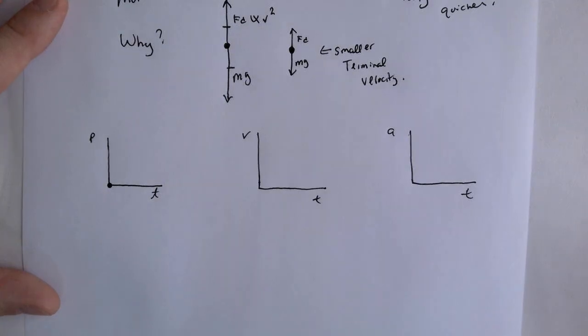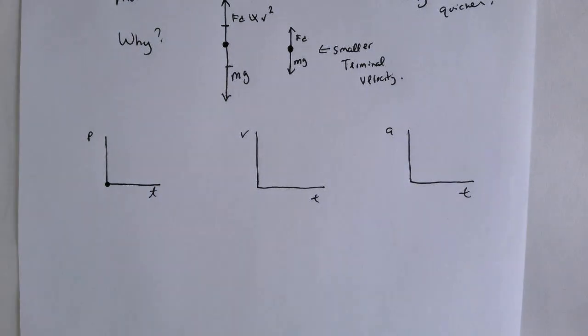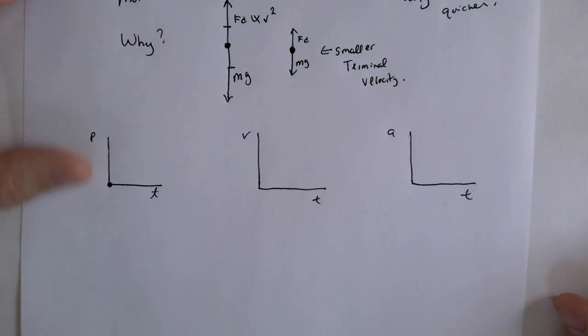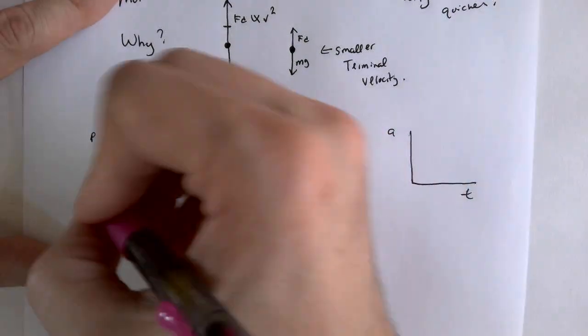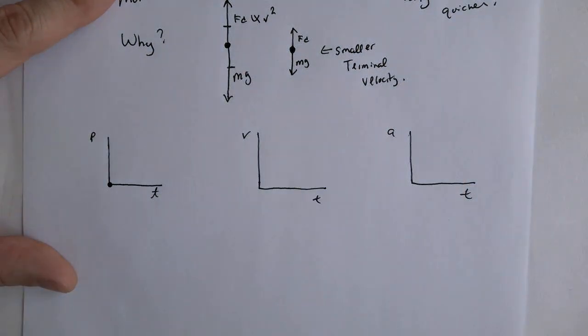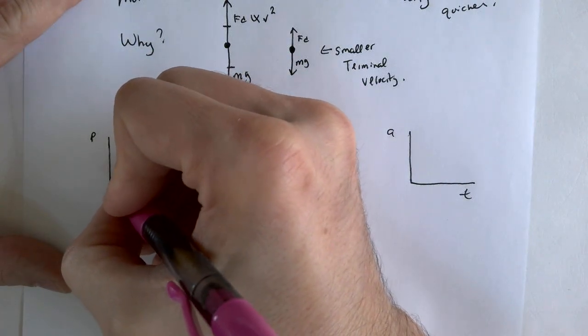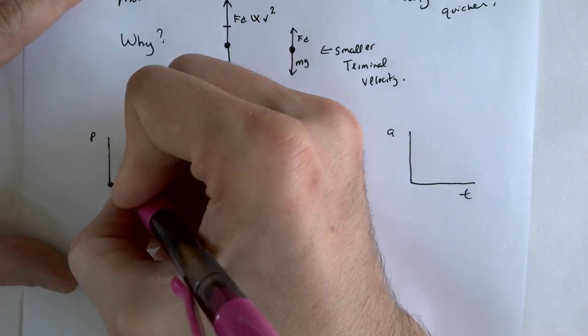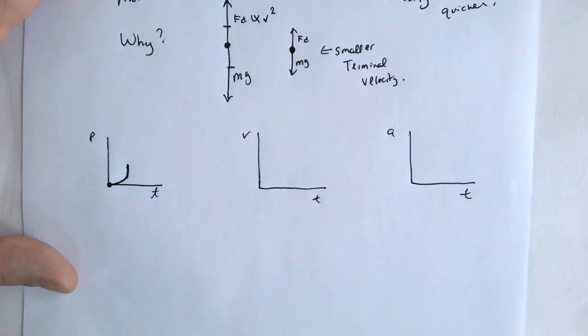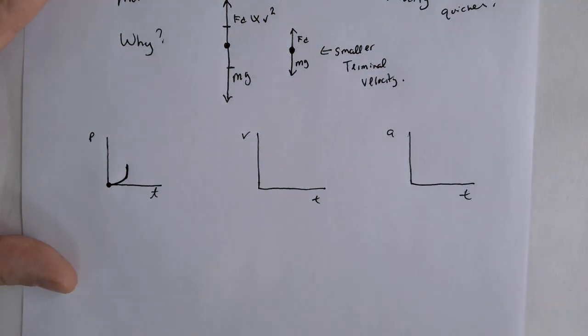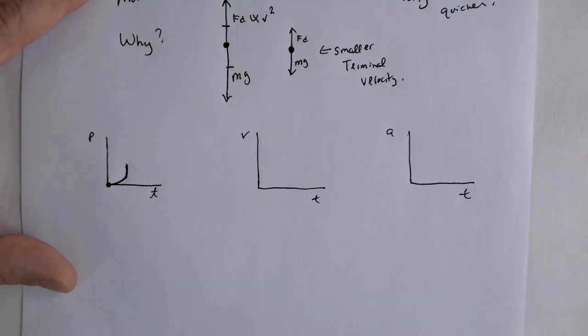Well, the ball would start falling out of the airplane, and it would not be moving very fast in the beginning because gravity hasn't had an opportunity to speed it up. So it is going to be a parabolic shape. And then as gravity speeds it up, it is going to look something like that, where it's going to get faster and faster and faster because gravity is going to speed it up. But air resistance is going to slow it down.